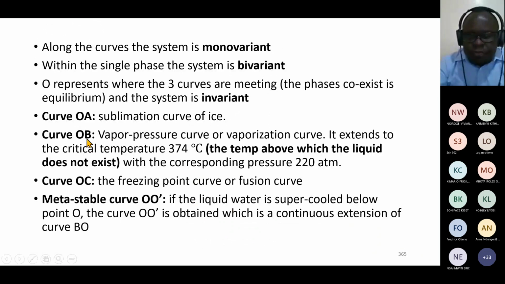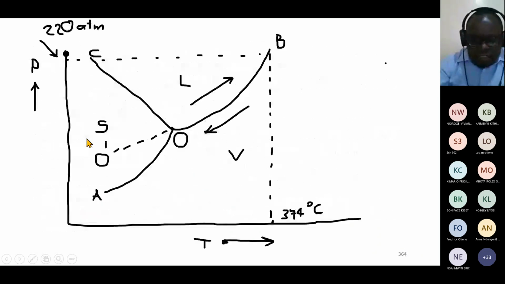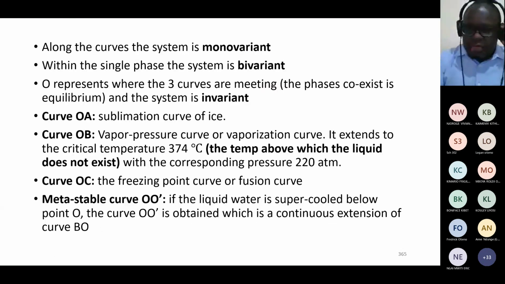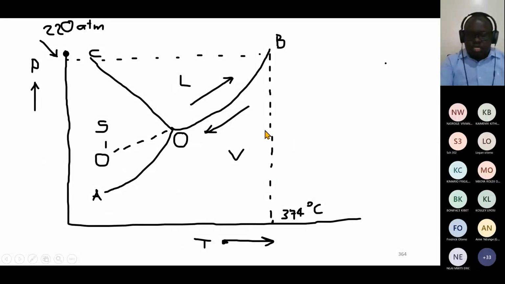The curve OB here is referred to as the vapor pressure curve or the vaporization curve. It extends to the critical temperature, 374 degrees Celsius here.